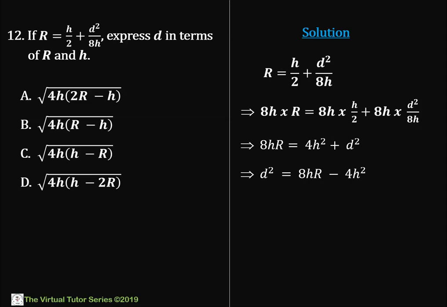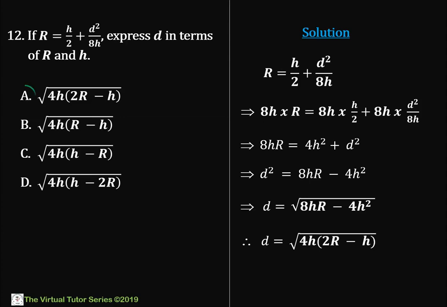This gives us d is the square root of 8hR minus 4h squared. This can further be factorized as d is equal to the square root of 4h into bracket 2R minus h bracket close. Therefore, the correct answer is option A.